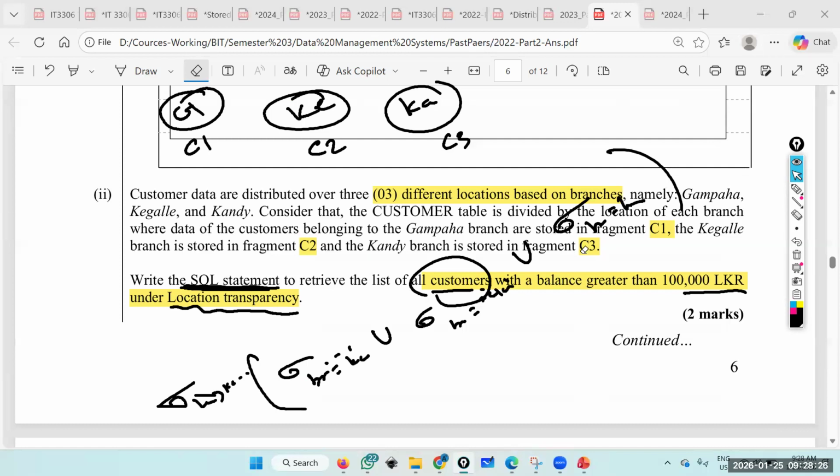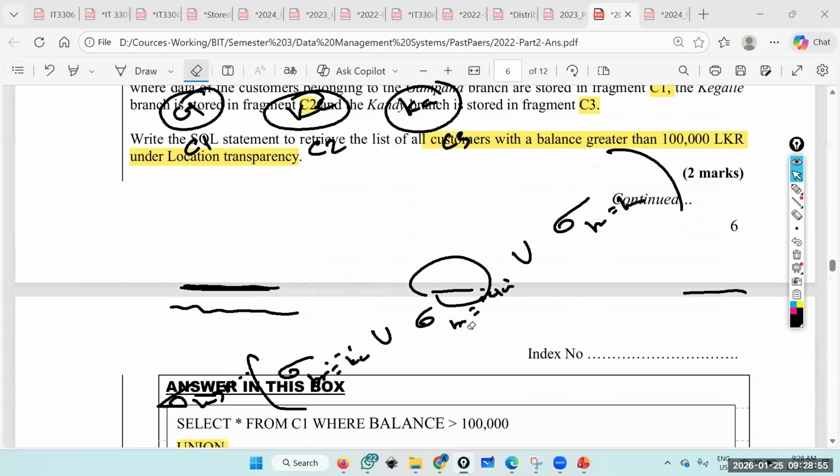Or you consider fragments, but not the location. I will write a simple query, but I don't know if the examiner expects that kind of answer. Anyway, still I will go for a simple select query. Select all from customer where balance greater than 100,000. But I don't know if the examiner goes for C1, C2, C3 and the union. Okay. I will go for the simple select statement.